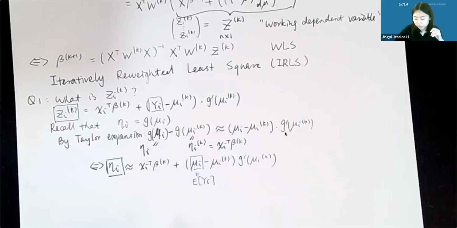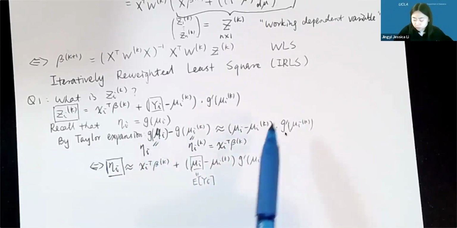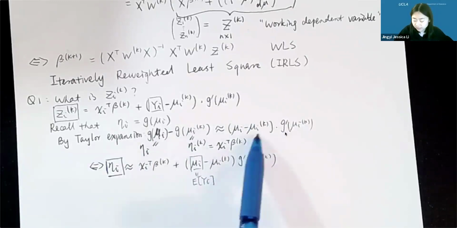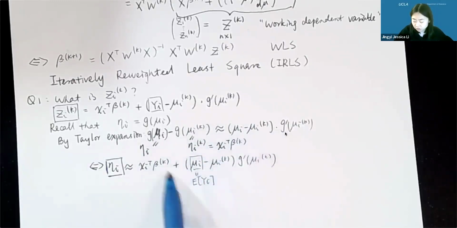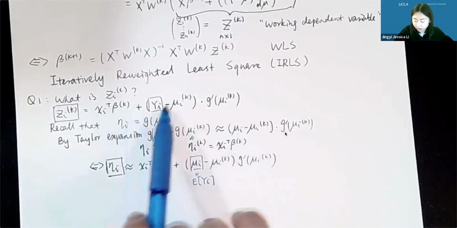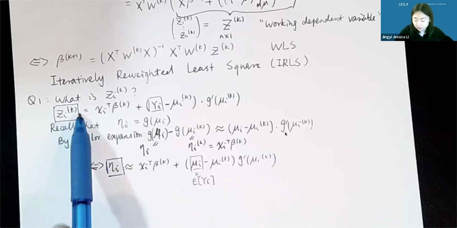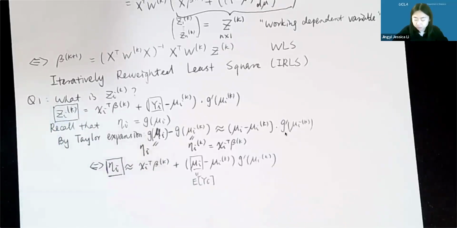I know this expansion works well when mu i is close to the current value mu ik, so in this neighborhood it works well. In this neighborhood, I do this Taylor expansion to convert my yi to this thing, which I call zik. Then this zik will be approximately linear with my covariates. That's the intuition behind it.